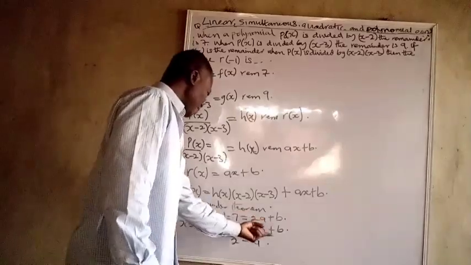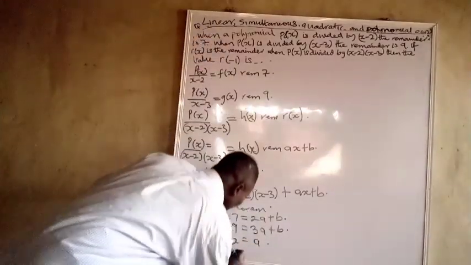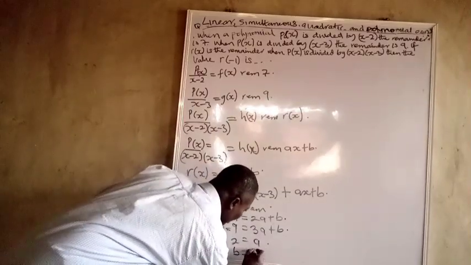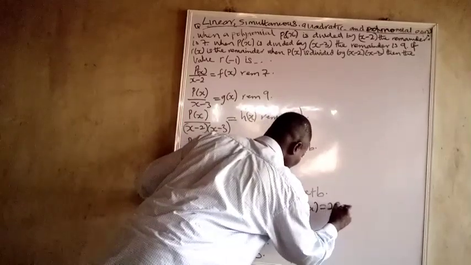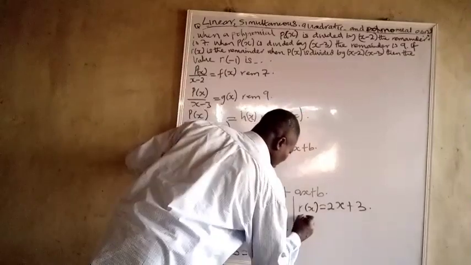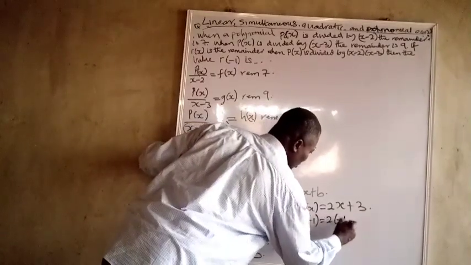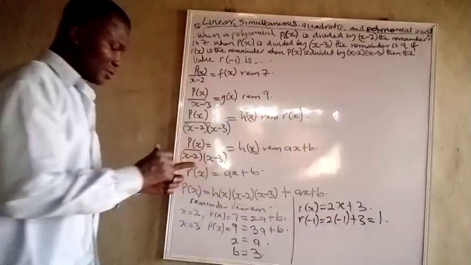And how do we find b? 4 plus b is 7, so b is equal to 3. So rx is equal to 2x plus 3. We are now asked to find r of minus 1. So r of minus 1 will be equal to 2 into minus 1 plus 3, which is equal to 1. So r of minus 1 is 1.